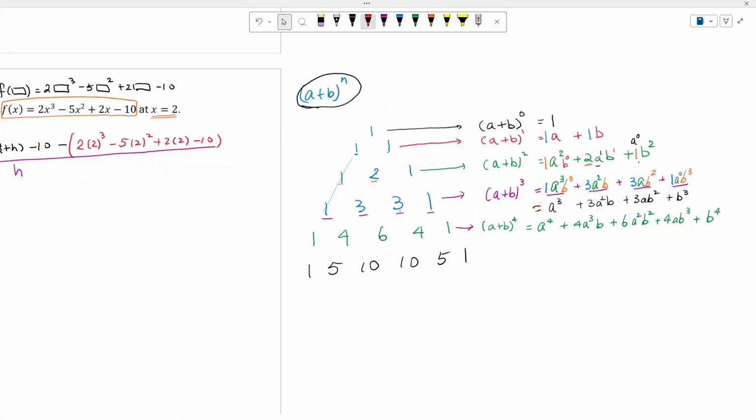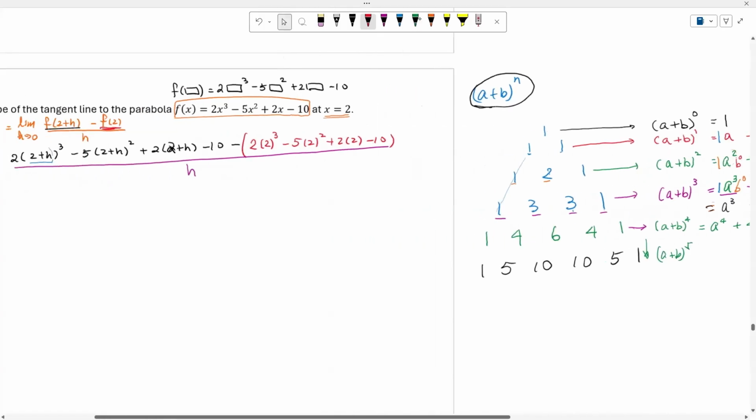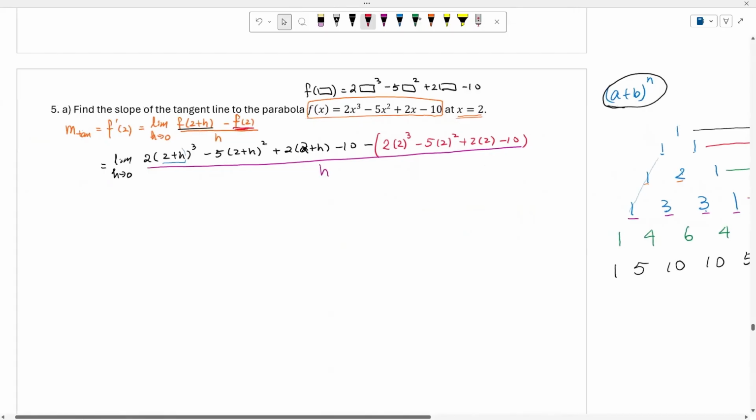So now maybe you could spend some time to work out what if you have a plus b to the power 5. Anyway, let us go back to this problem now.